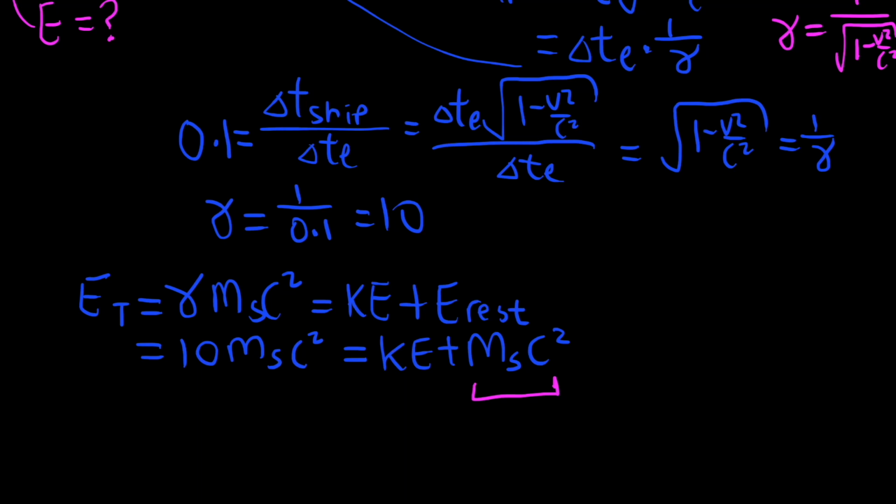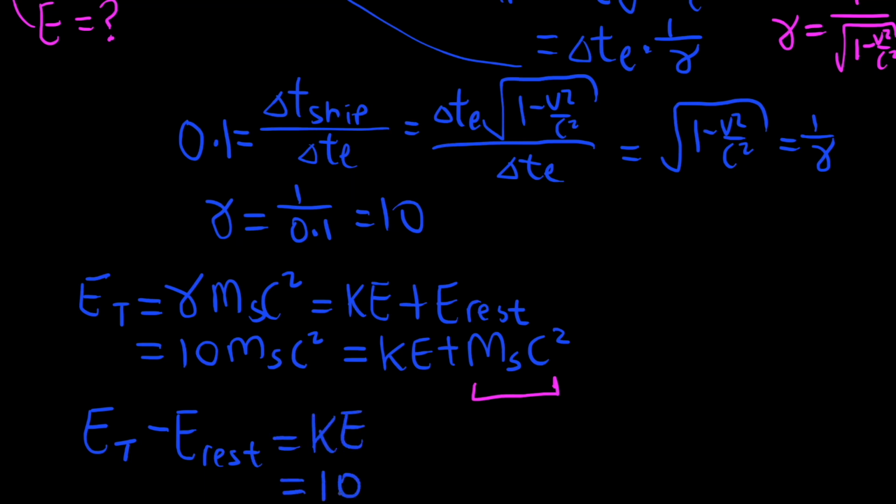So the total energy required from us is equal to E sub t, total energy, minus the object's own energy, the energy given by the object mass. And this is just equal to the kinetic energy, right?